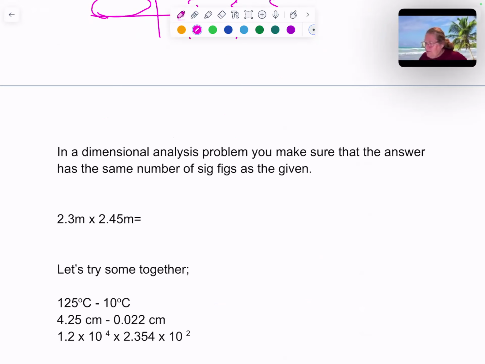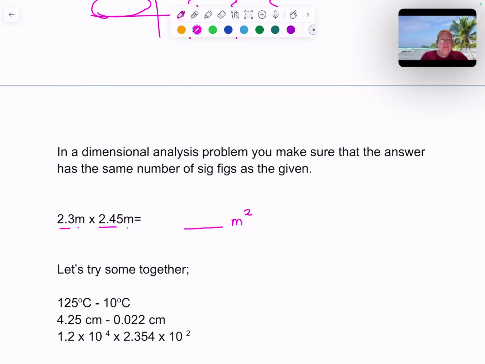So let's do this one here. We're multiplying. I've got 2.3 times 2.45, 2 significant figures, 3 significant figures. I know my answer has to be 2 significant figures, and it has to have units of meters squared because I have a meter times a meter. On a multiple choice type test, that's all you really need to know, because quite often it's the significant figures that make the difference.